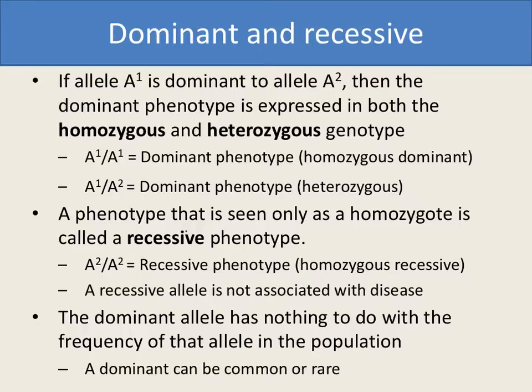So A2 means that, let's say like with the flowers, it's all white. A recessive allele, by the way, is not associated with disease. It's just expression patterns. Nor does a dominant allele have anything to do with how common it is.